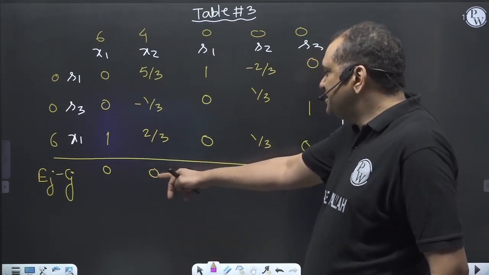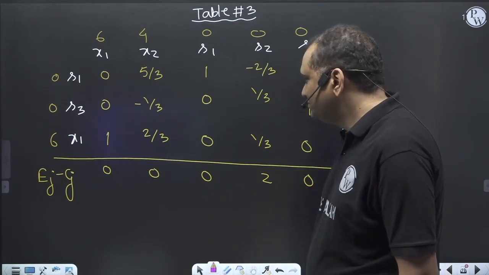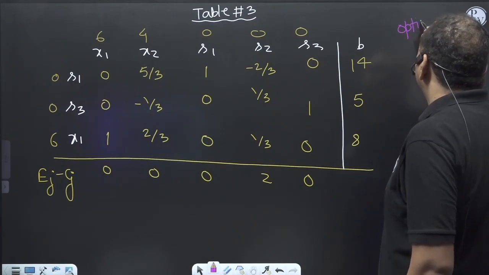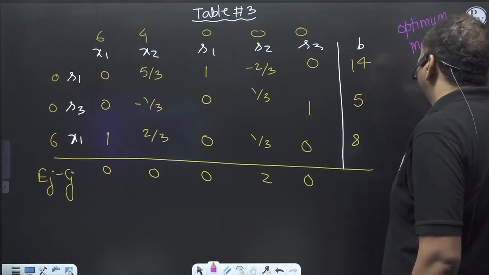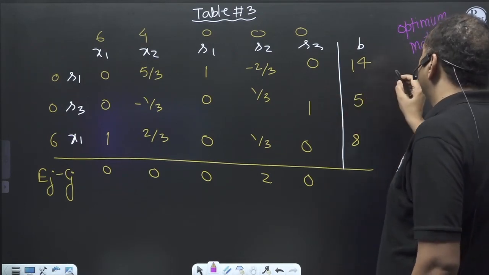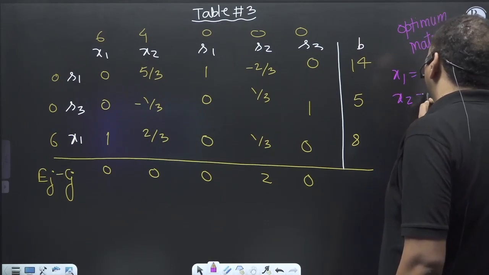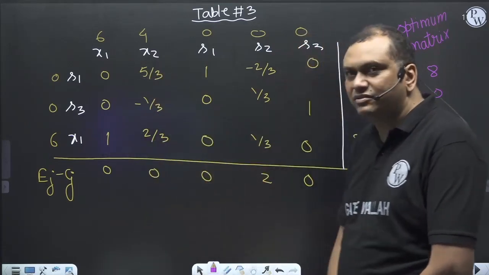All the values in Ej minus Zj are positive. So it's an optimum matrix. So the solution is x1 is equal to 8, x2 is equal to 0, because x2 is not in the basis, so that is 0.